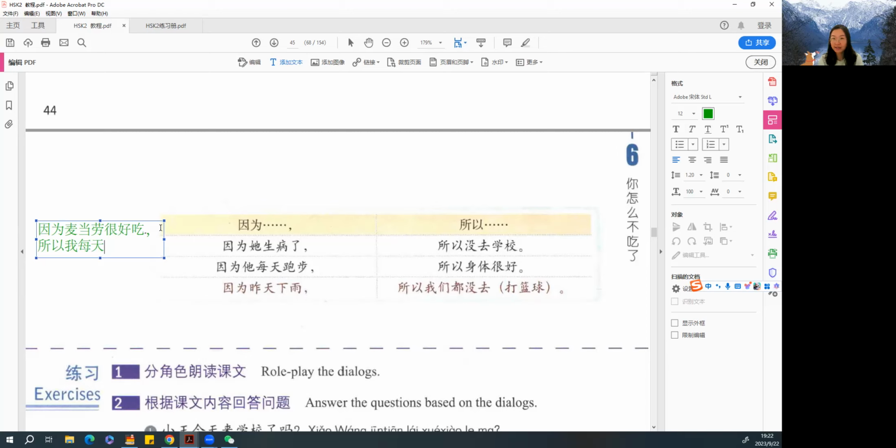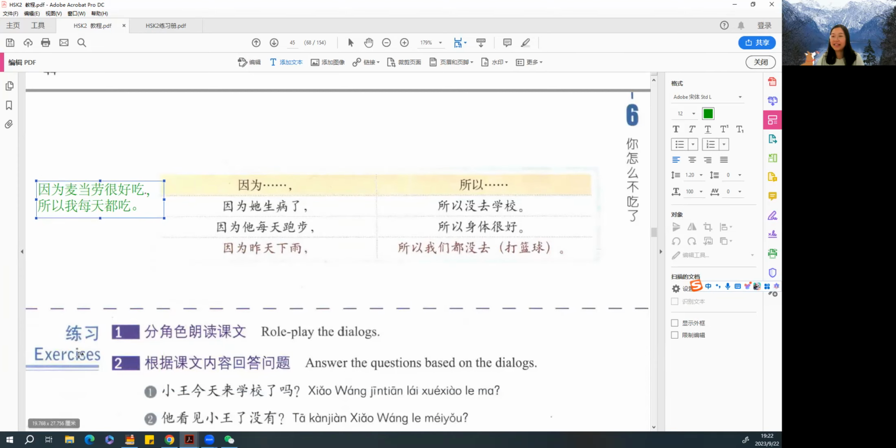We are going to add 都 here, 都吃. So this sentence means because McDonald's is very delicious, I eat it every day.